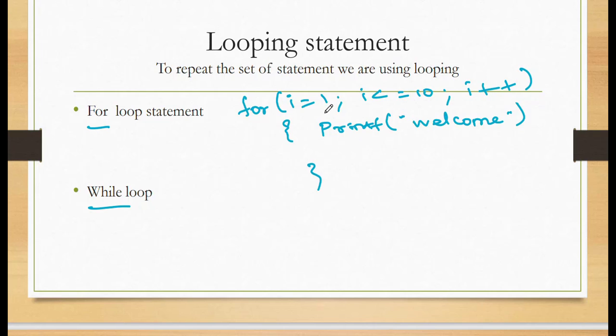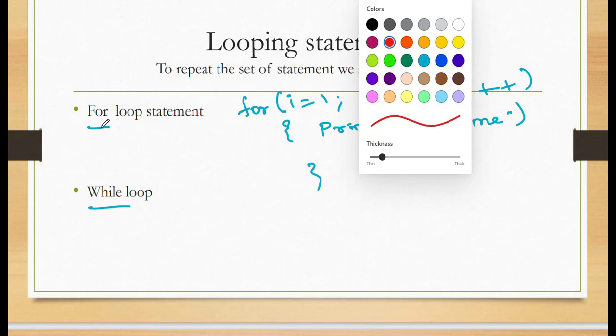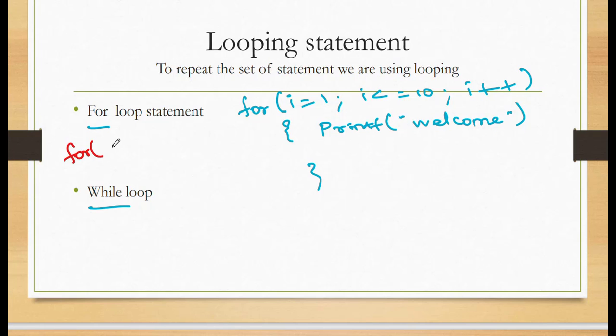The first part is called the initialization part. The structure of the for loop is: for, open parenthesis, initialization, semicolon, condition, semicolon, increment or decrement part, close parenthesis.